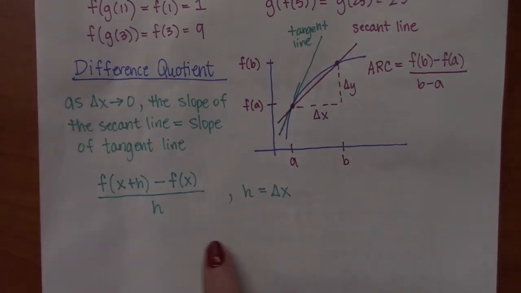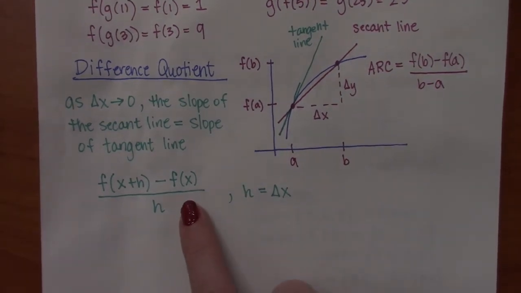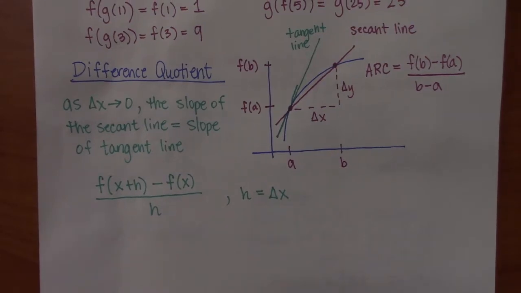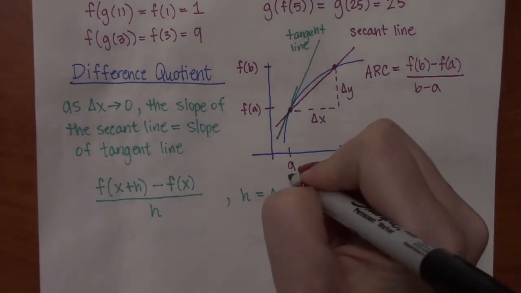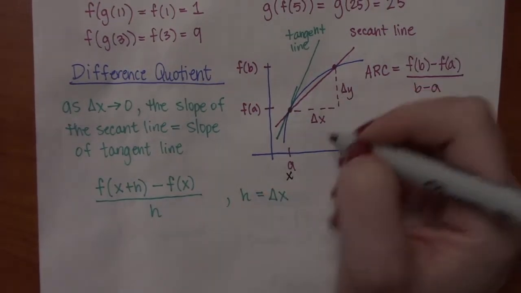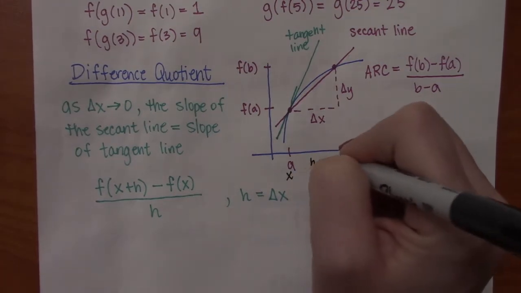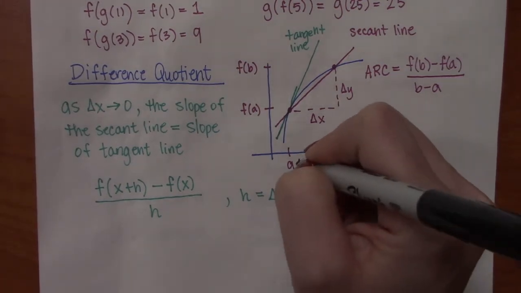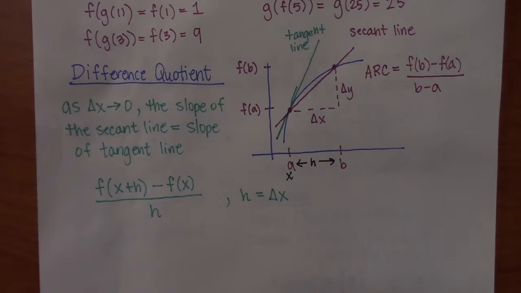The difference quotient is just a variation on the average rate of change formula, where instead of saying b minus a, we call that whole distance h. So if you look at the x-axis here, instead of a, we're going to have some value x at that point. We're saying the distance between a and b is h.